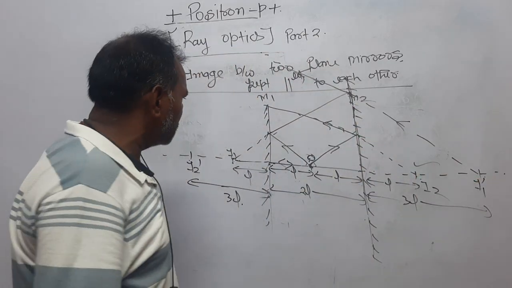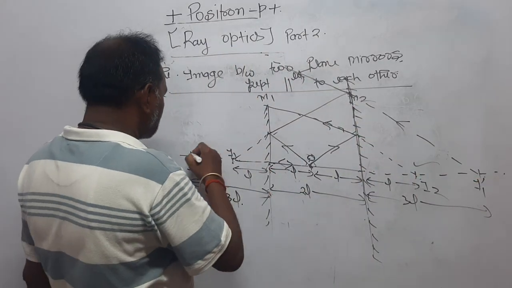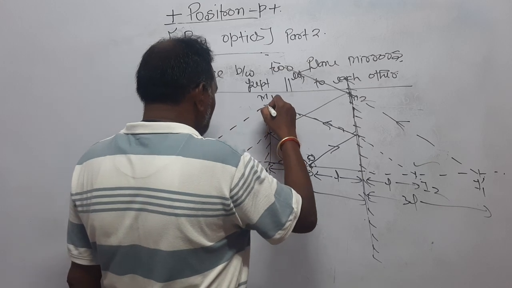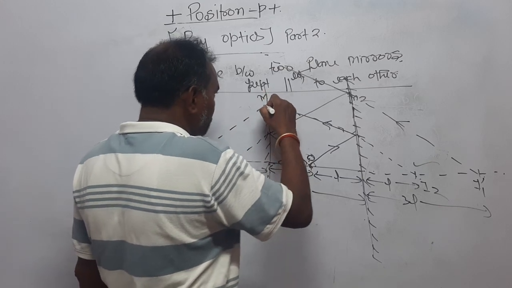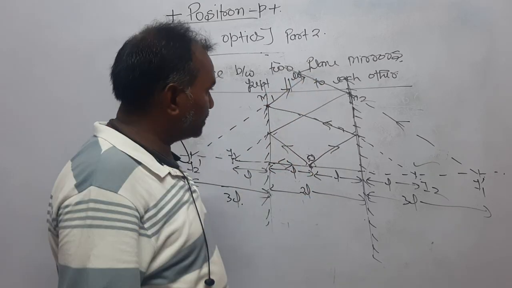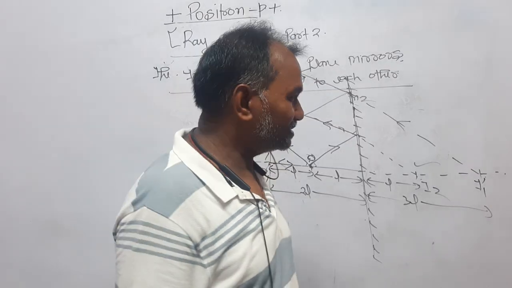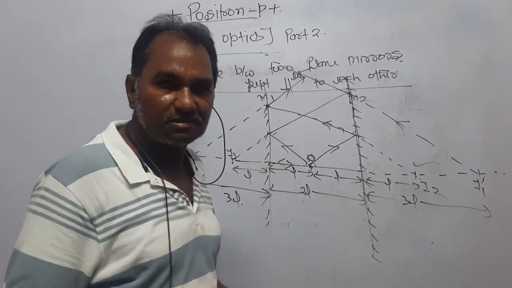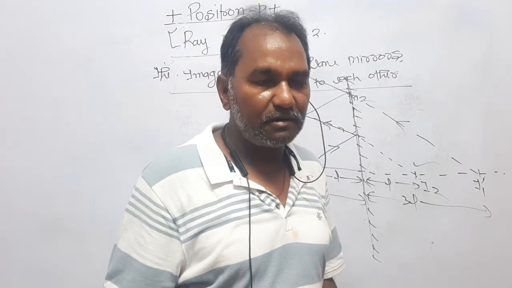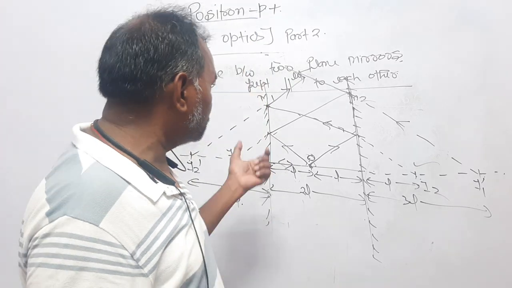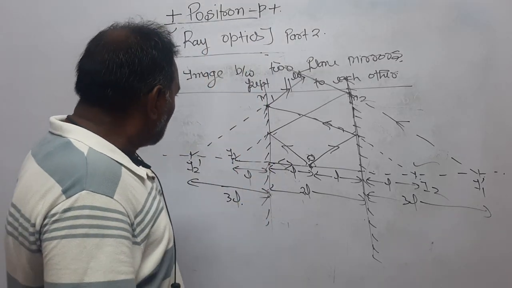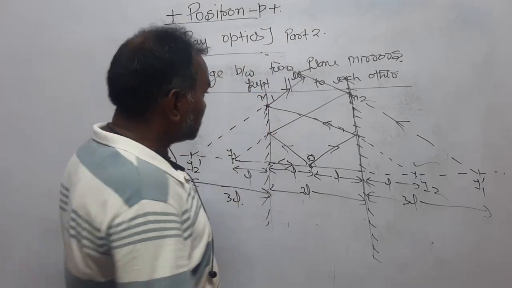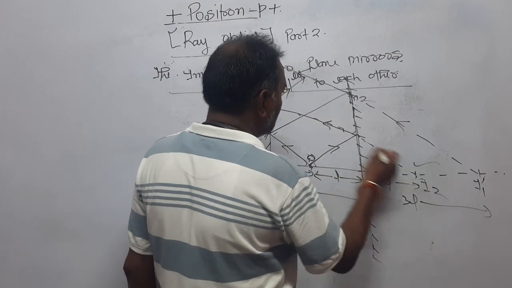In a similar way, look here, for this the ray will be reflected in this way, right? There are so many rays you have to draw in physics, no matter. I'm trying my best to let you know. Now, this ray is actually coming from here, right?